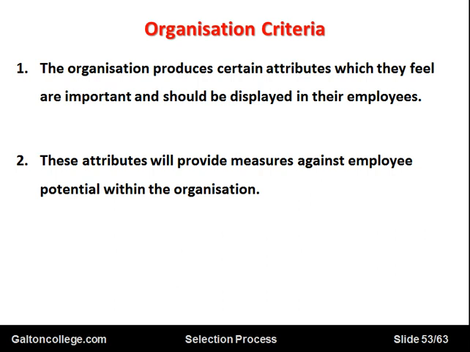Now these attributes provide measures against employee potential within the organization. These attributes are important because they enable the organization and the individuals to relate to each other. These are common or core identifications.